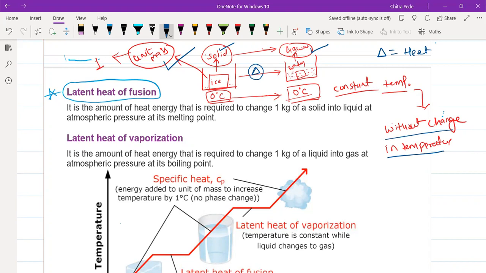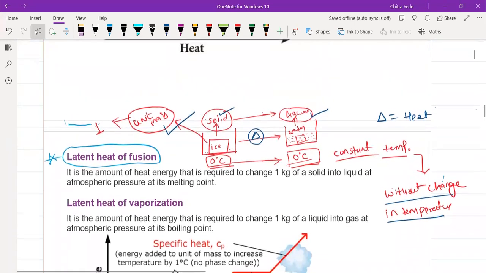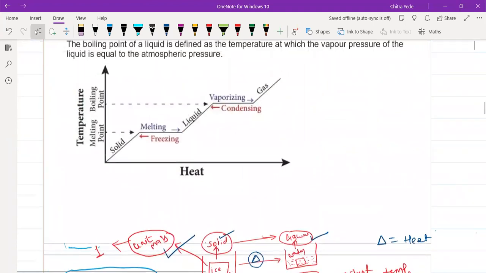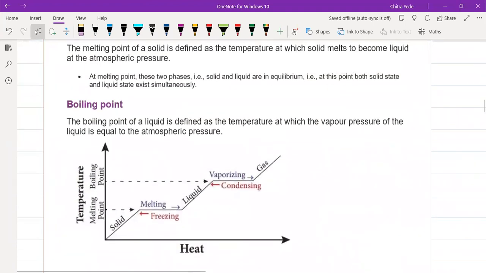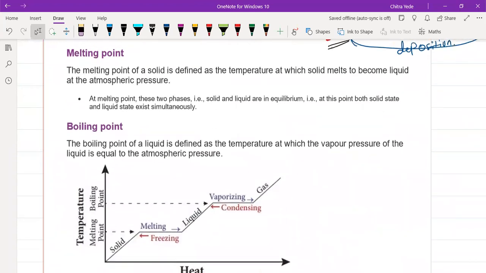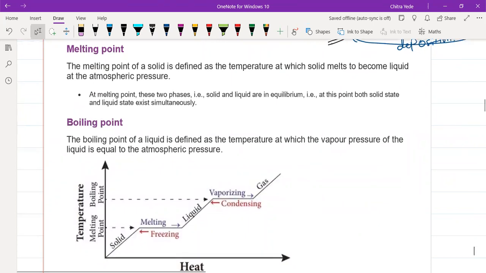So I'm just going to write the definition for latent heat. Wait a second, let me scroll it down. Let me cover boiling point also. In the last class we covered the melting point and boiling point.